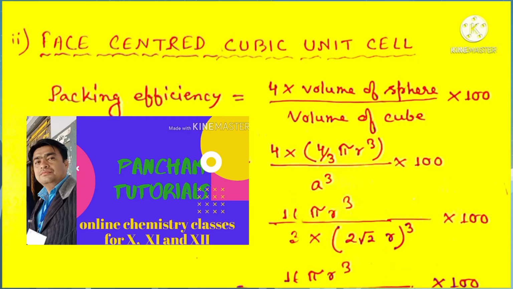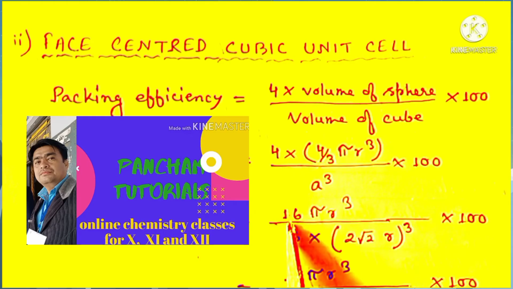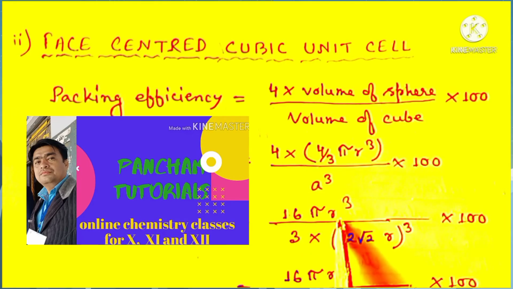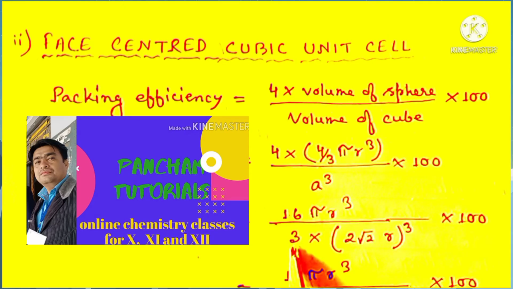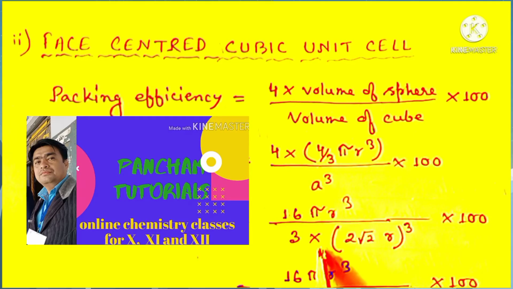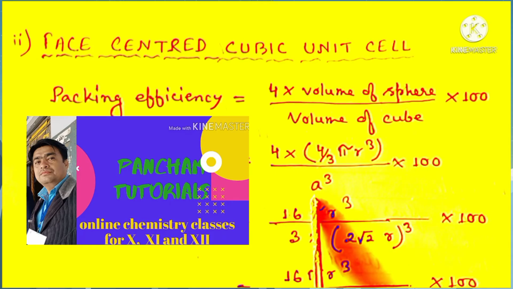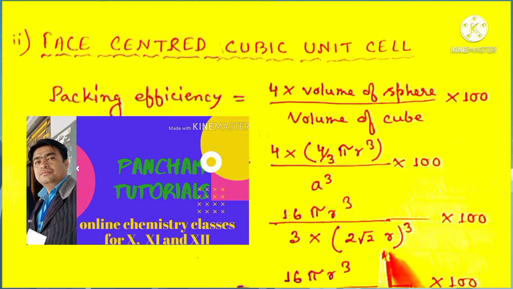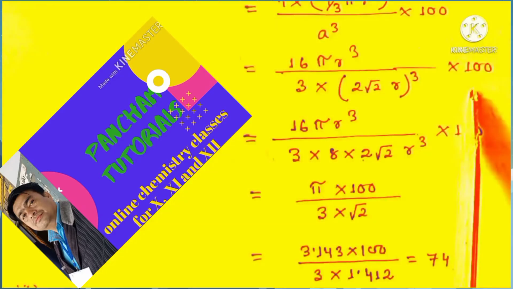So this can be written as 4 into 4 is 16, then pi r cube divided by 3 into, the value of a for the face centered cubic unit cell is 2 root 2 r. So it is written as 2 root 2 r whole cube, multiplied by 100.